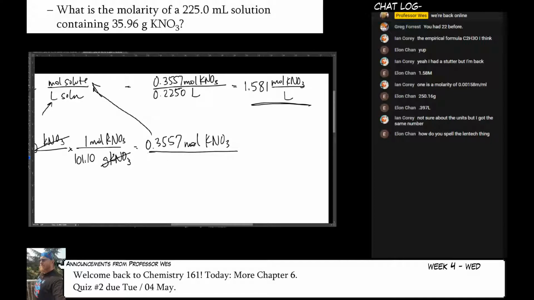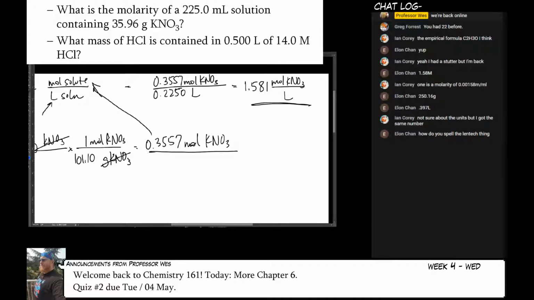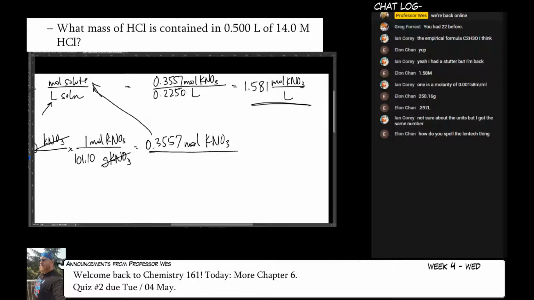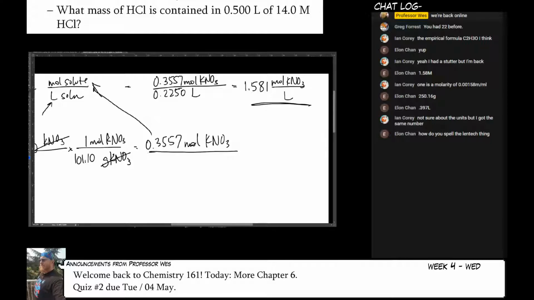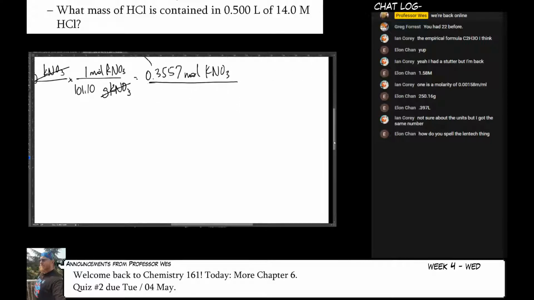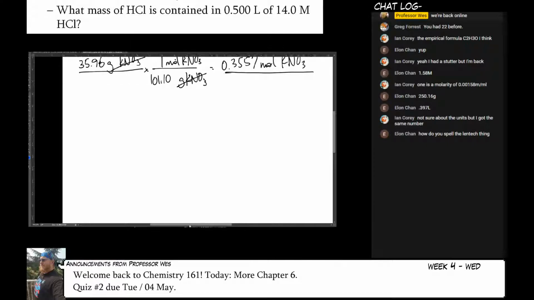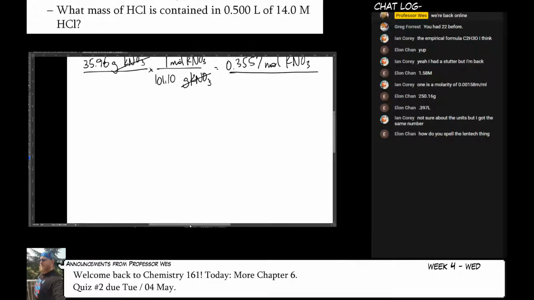All right, that's the first one. For the second one, what mass of HCl is in this container with this molarity in this volume? So remember that MV equals moles. So that would be 14 moles of HCl per liter times half a liter.